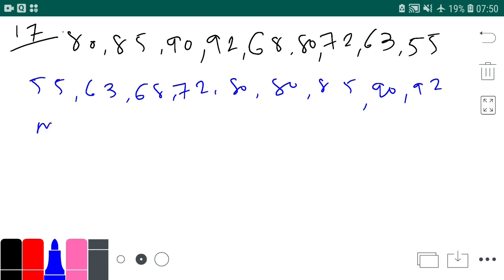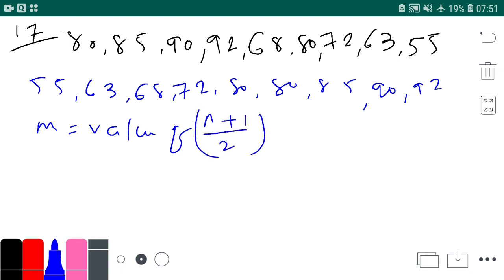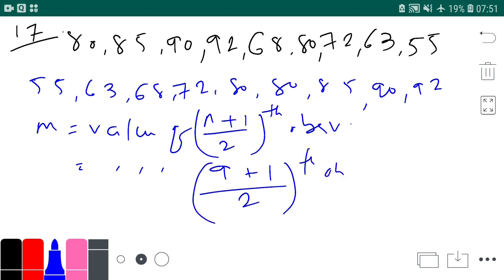Now we'll write the formula. Median is equal to the value of (n plus 1) upon 2 th observation. So what is n here? n is 1, 2, 3, 4, 5, 6, 7, 8, 9. So it is 9 plus 1 upon 2 observation.